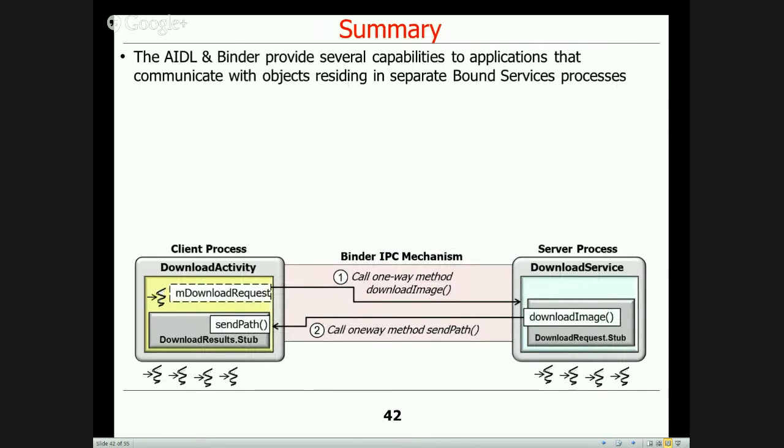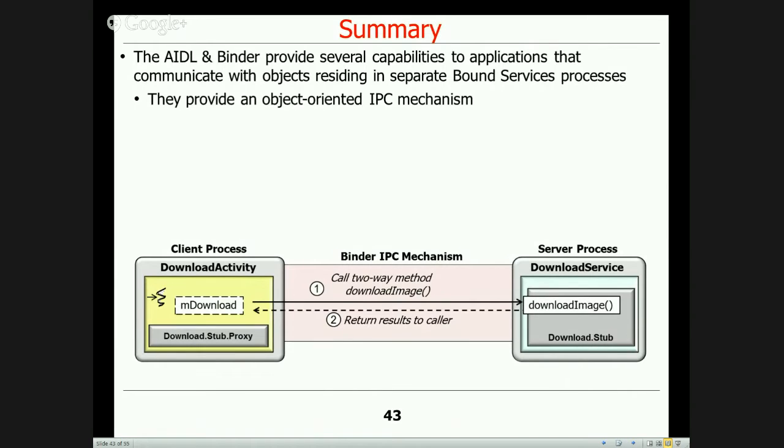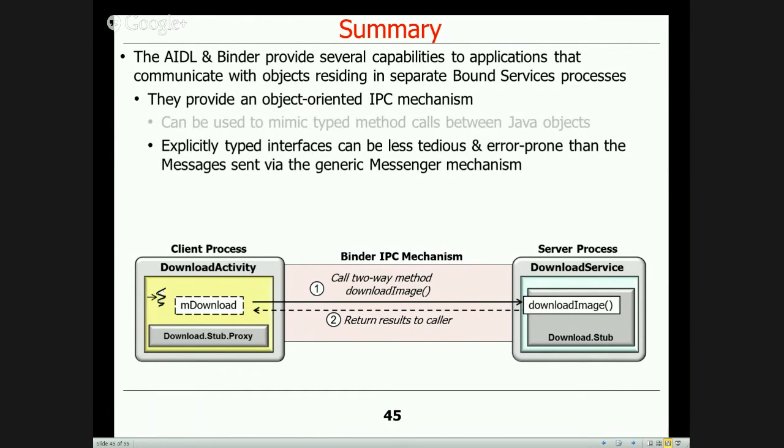Okay, so to summarize this, Binder and AIDL provide a number of capabilities that allow objects to communicate in separate processes. They provide an object-oriented inter-process communication mechanism, which is pretty straightforward to use and works quite nicely, especially if you have complex data types. You can basically mimic typed method calls between Java objects, except you can do them between objects that reside in different address spaces.